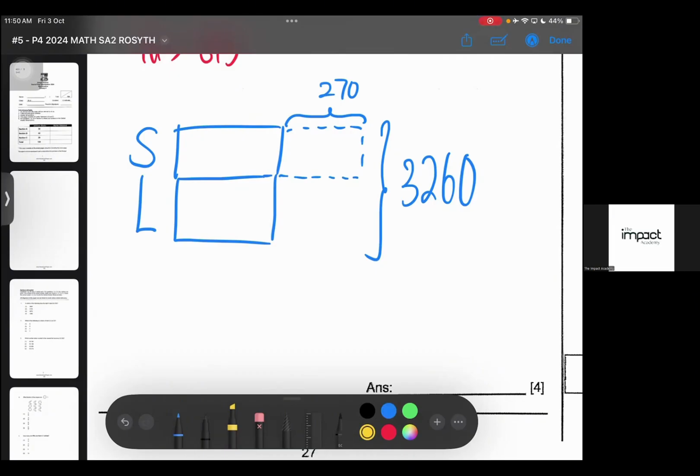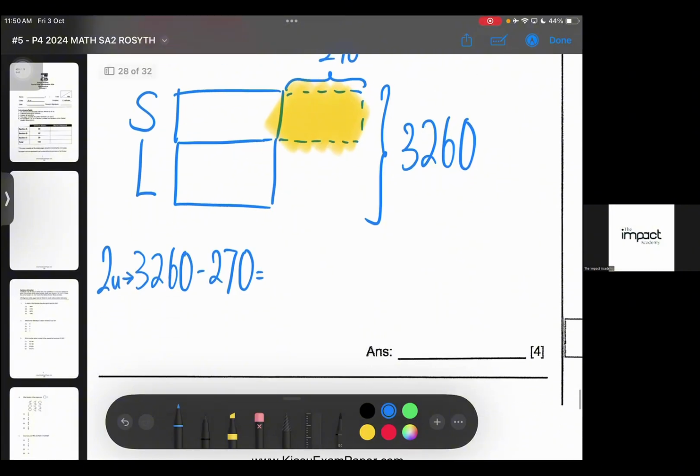Then of course you need to remove away this part. 3,260 minus away 270. That becomes how many units? 2 units. Agree or disagree? You get 2,990.